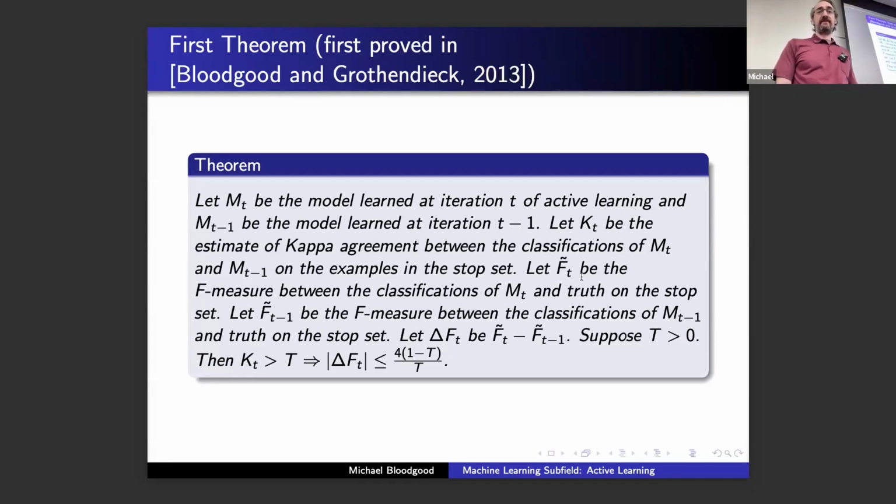Let F tilde sub t be the F measure between the classifications of m sub t and real truth, like if you asked a human expert to give you the true label, so truth on the stop set. Let F tilde sub t minus 1 be the F measure between the classifications of the just previous model and truth on the stop set.